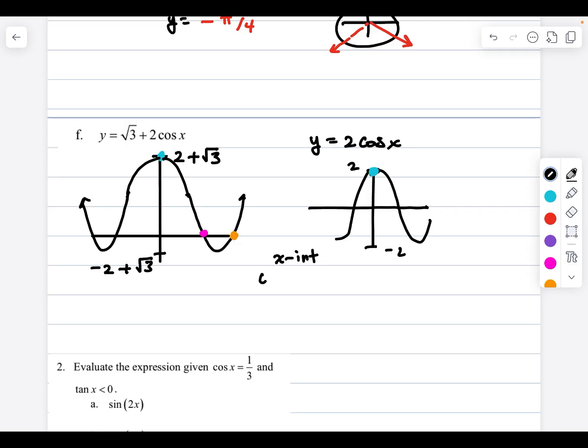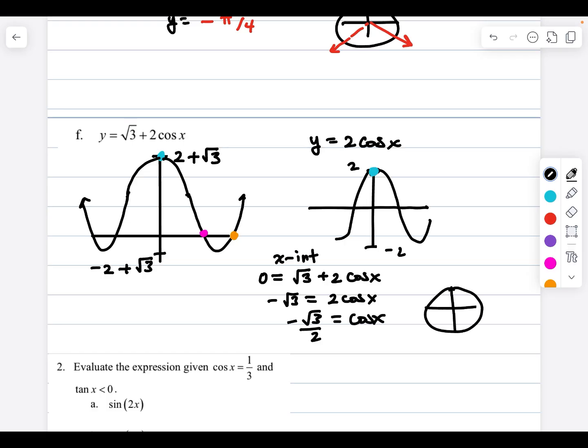All right, the x-intercepts. We're going to plug in 0 for y. Subtract rad 3 from both sides. Divide both sides by 2, and we get cosine of x equals negative rad 3 over 2.